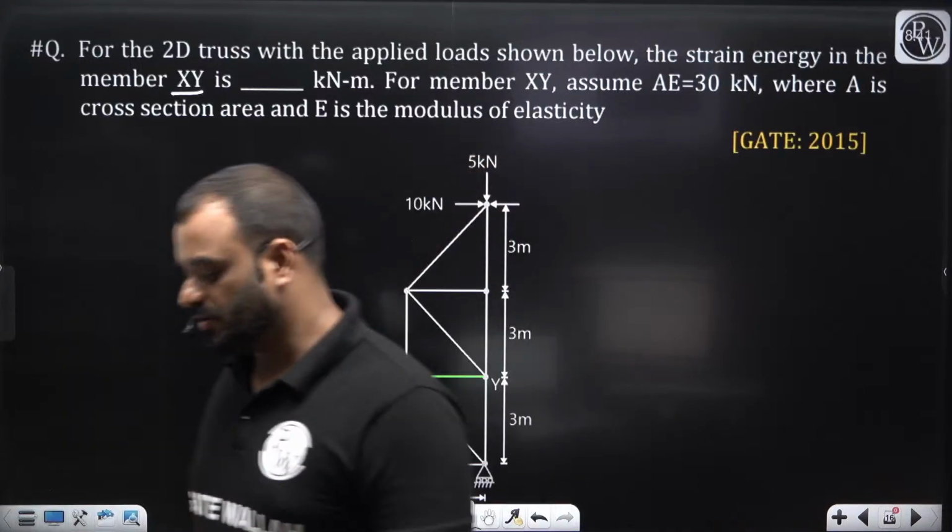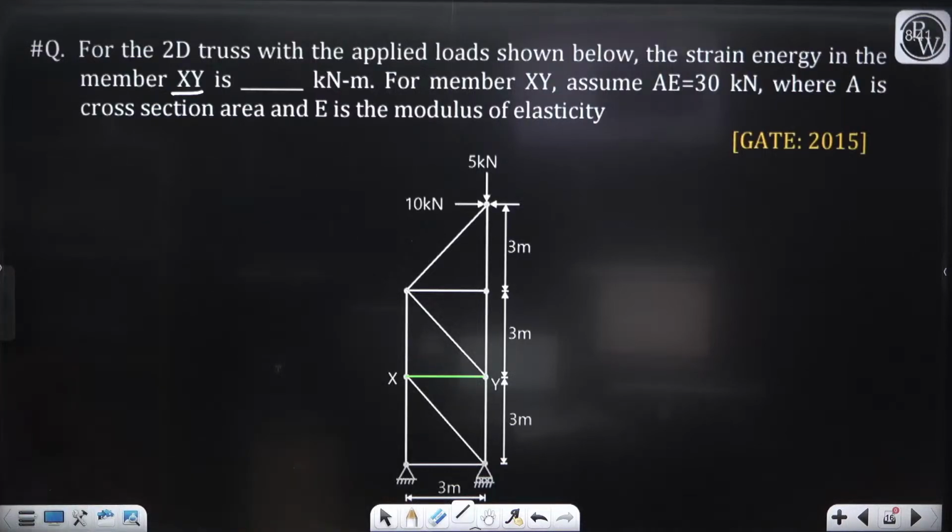Force in member XY. First you have to find this. Then you will get the value of strain energy. Do it, guys, quickly.